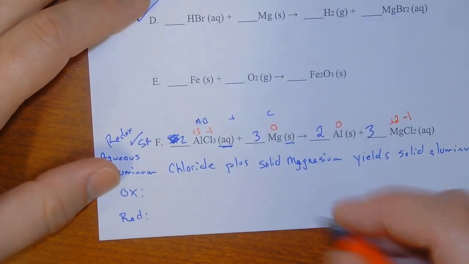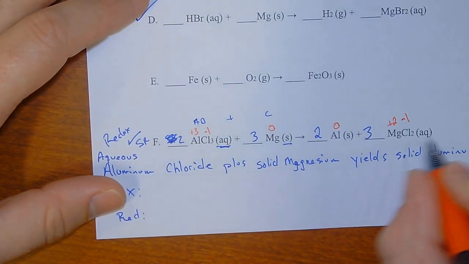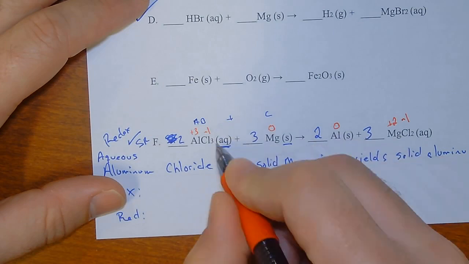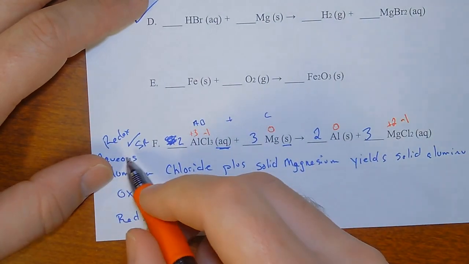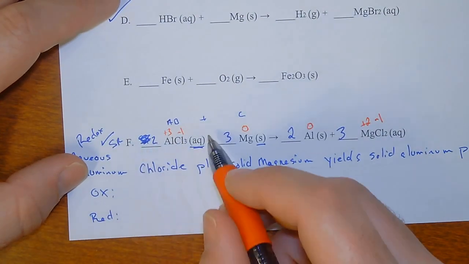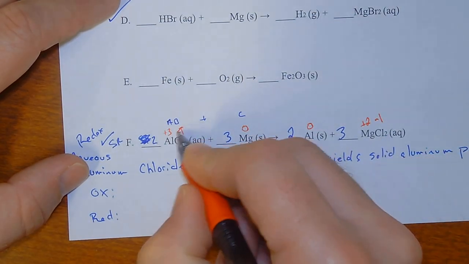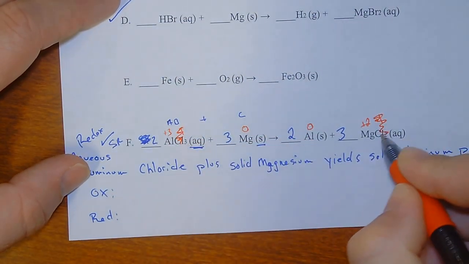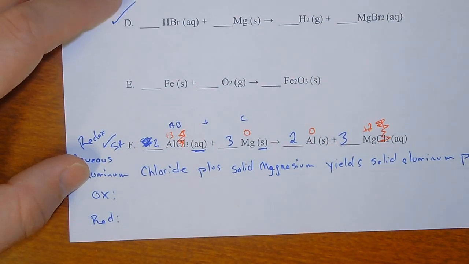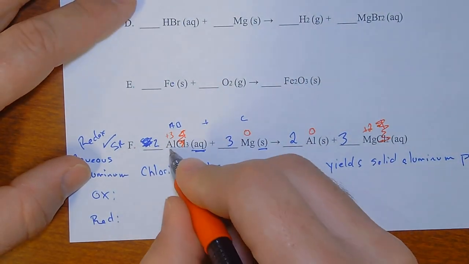All right, and then I need to look here, because if I look at chlorine, chlorine stays the same. In redox, we look to see what's happening to electrons. Well, nothing happened to the charge of chlorine, so that means chlorine's electrons didn't do anything. They stayed the same.